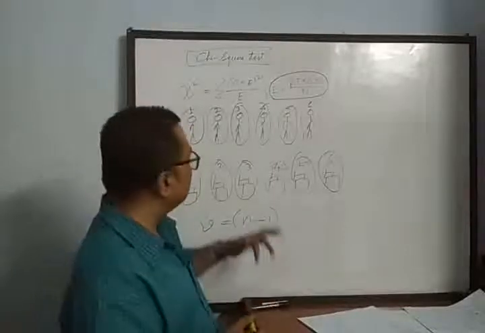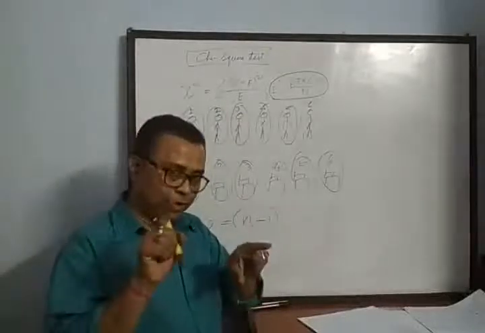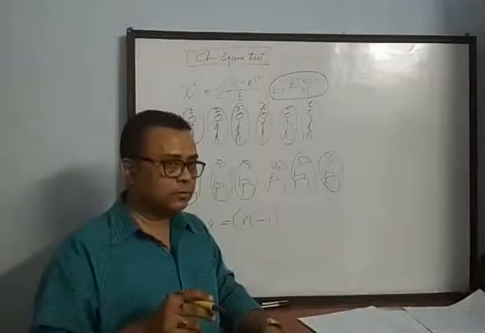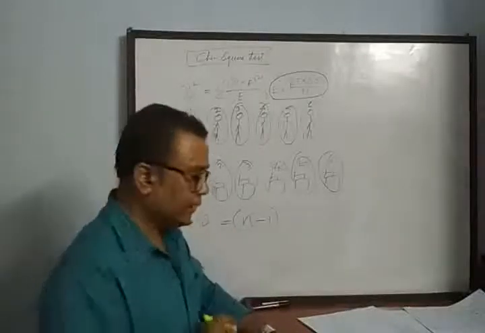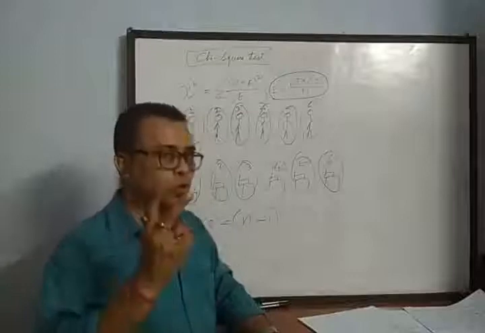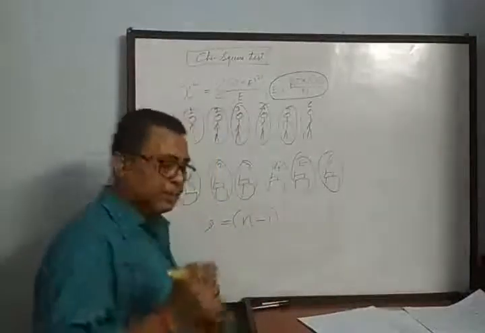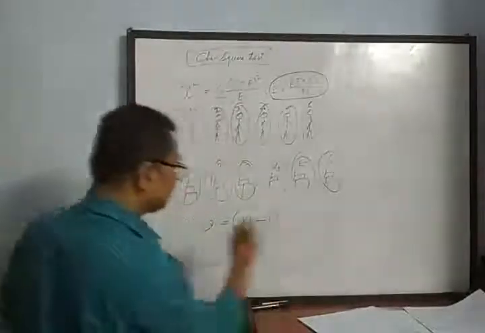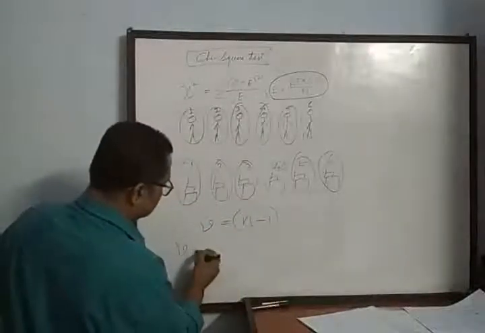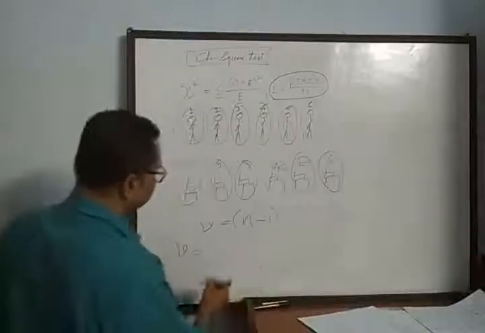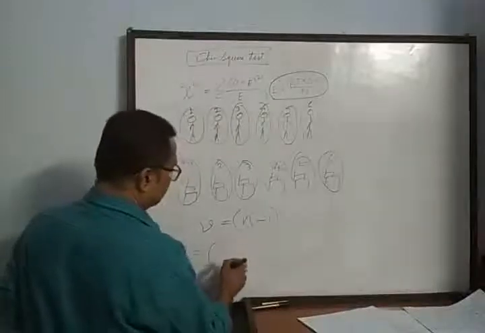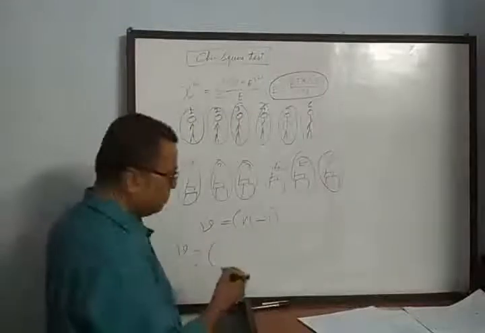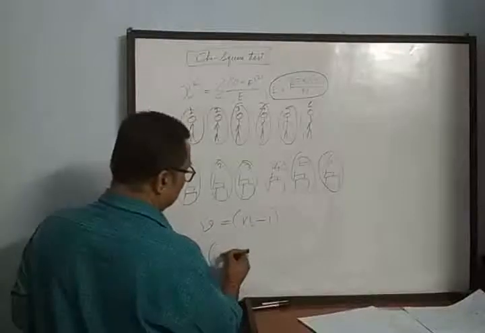Now, for example, in the previous grid, what we have just now discussed, there are how many columns? 2 columns. And how many rows? 2 rows. It means in that case, what will be the degrees of freedom? Let us suppose the column 1 will be m.